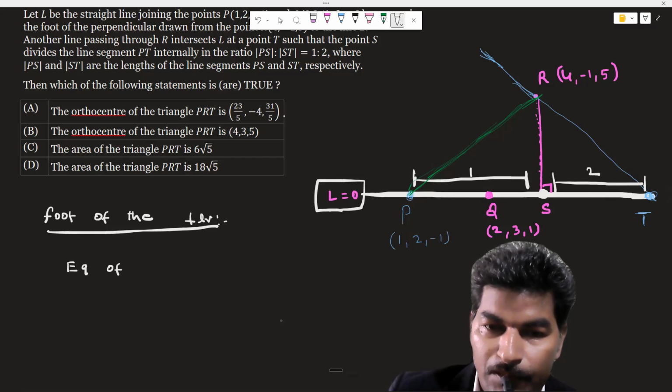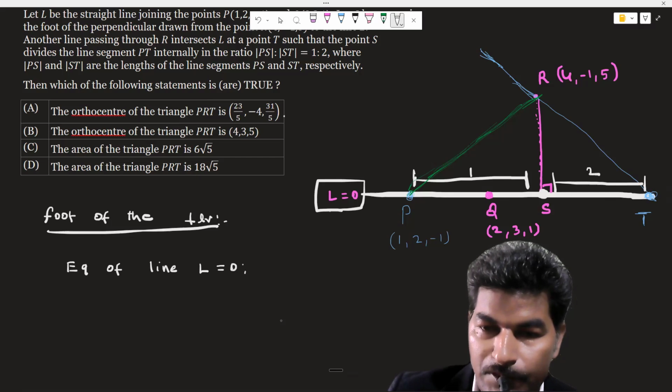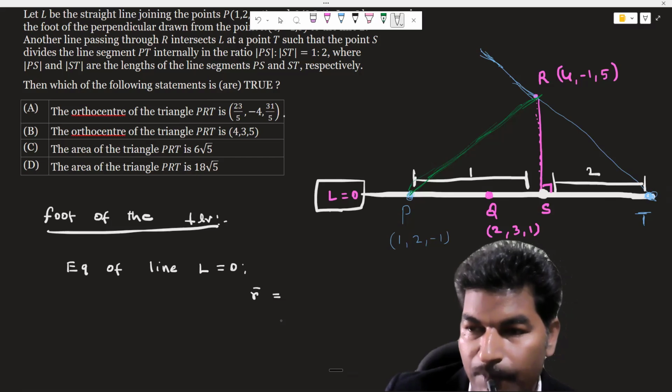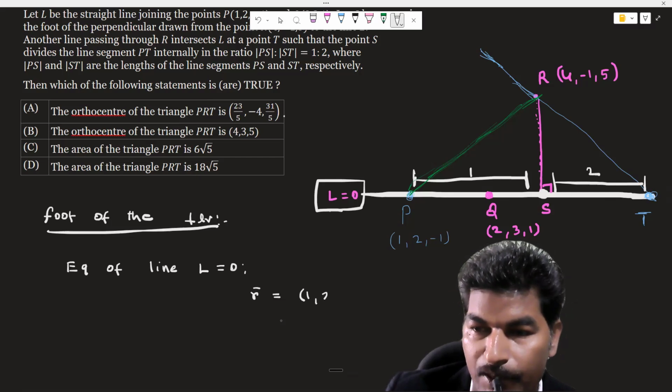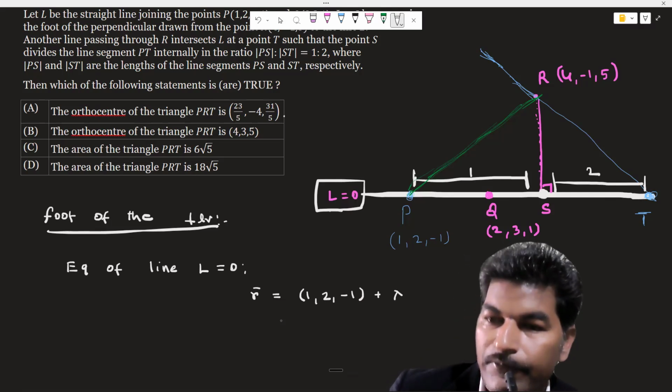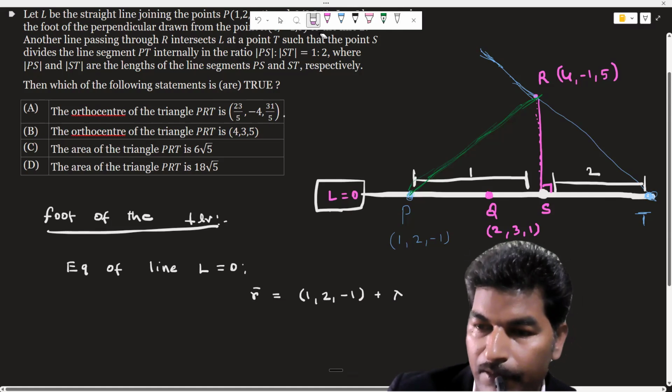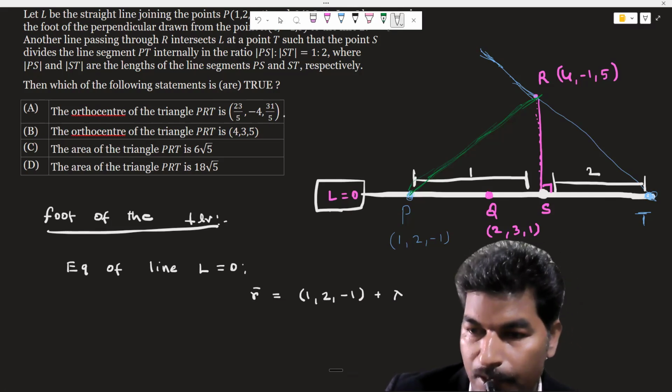Equation of line L equal to 0: since it is passing through two different points, we can directly write r = (1, 2, -1) + lambda (1, 1, 2).